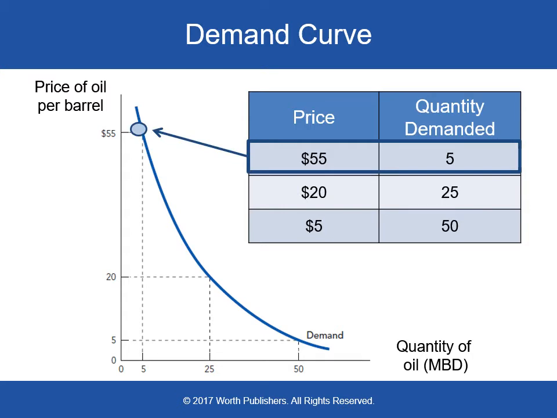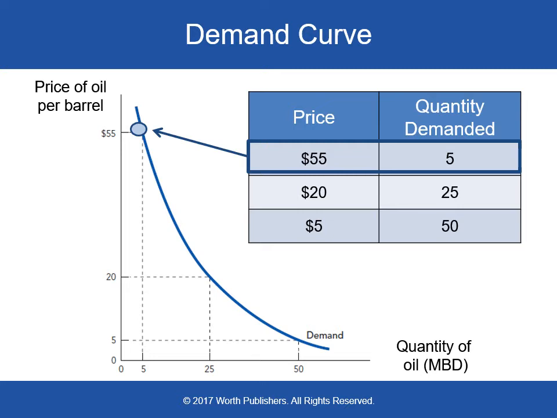Likewise, you can read off what happens if the market price is $20 a barrel. You read over to the line and down, demand will be 25 million barrels. And likewise, if the market price is 5, quantity demanded will be 50 million barrels of oil.